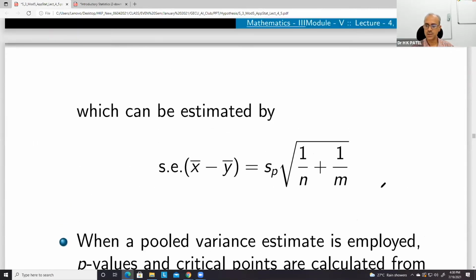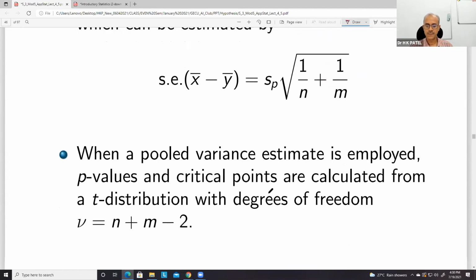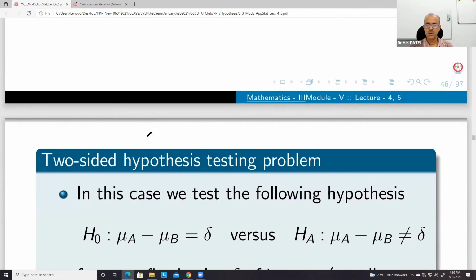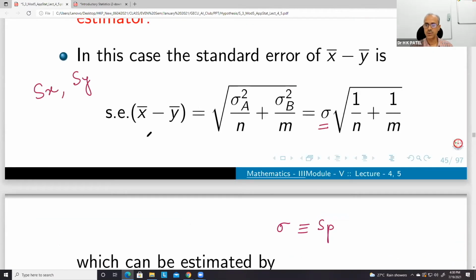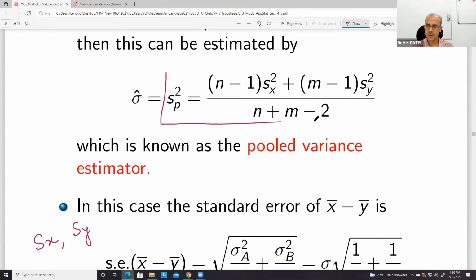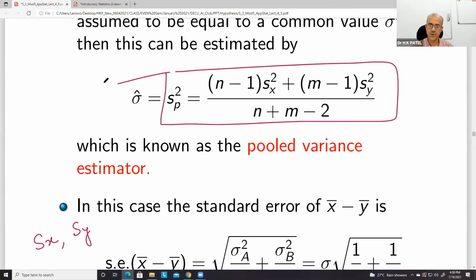So this is pooled. Sigma is approximated by SP, the pooled standard deviation. And in this case, the degree of freedom is n plus m minus 2. This one, okay. So this is our SP square actually. From this we can find SP, and this sigma is in fact approximated by SP.